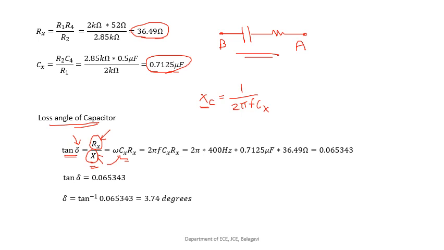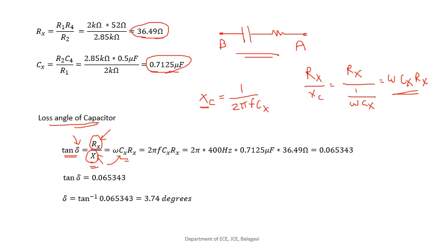If you substitute, you will get Rx divided by 1 over omega Cx, where 2 pi f is omega. So it is in the denominator of the denominator, so it will go to the numerator, and you'll get omega Cx Rx.